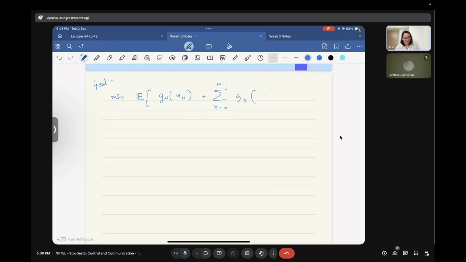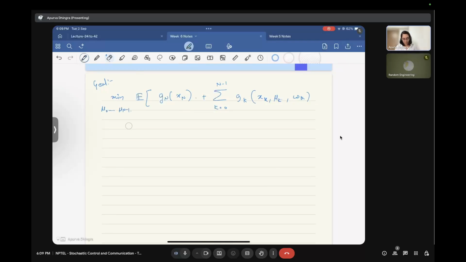And here the inside is xk, uk, and wk, where uk is the action, and we're minimizing over the actions or the policies that can be taken. So instead of writing it like that, let me write mu k of mu k. Let it be just that, it's the functions. So we are optimizing over these.